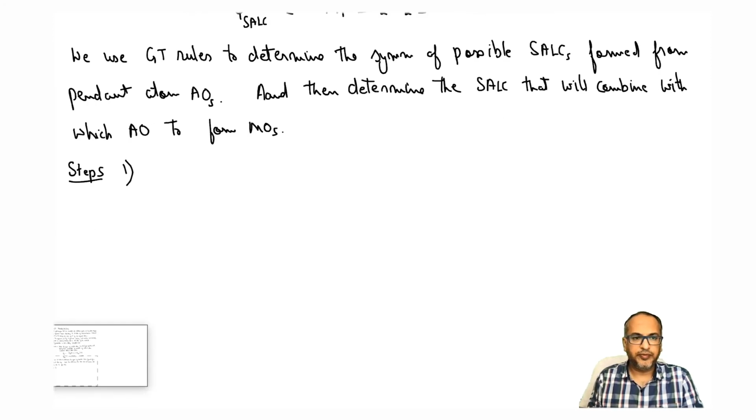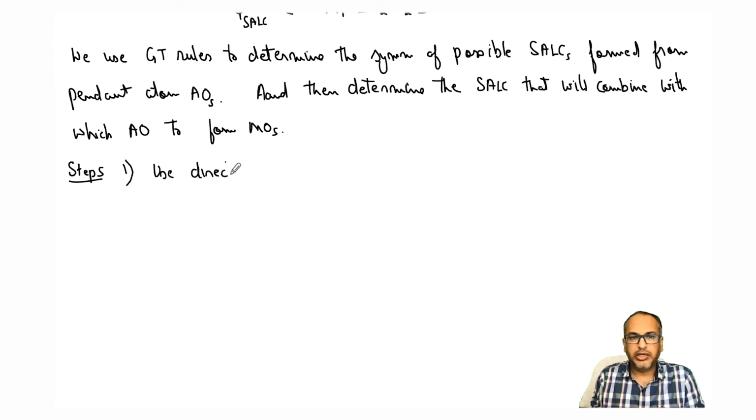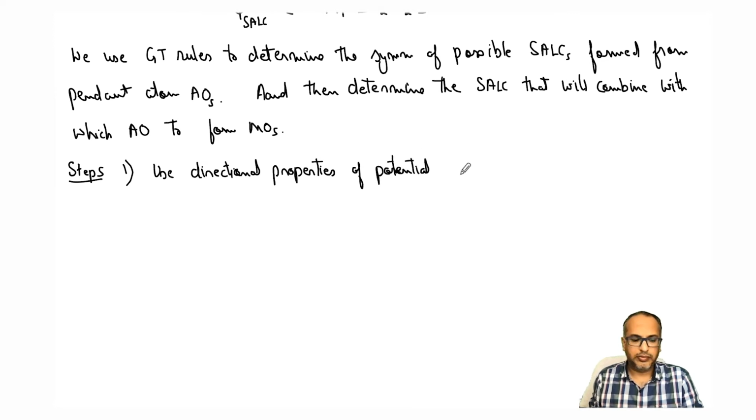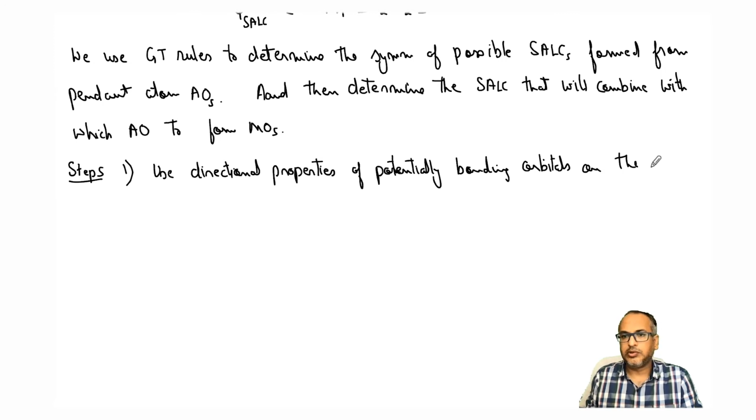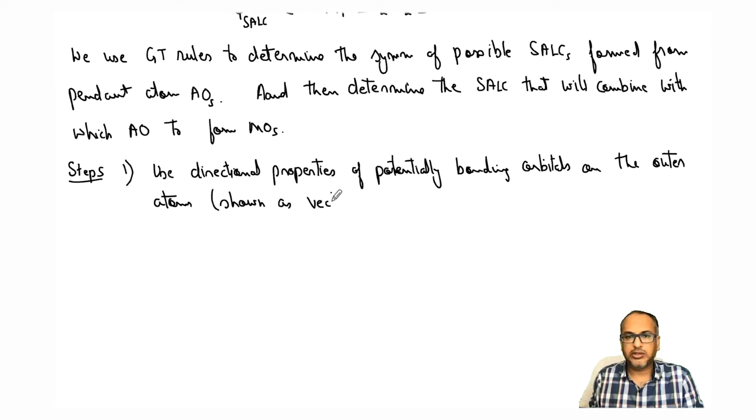Okay, so let us define the steps one by one on how to proceed with this. So let's see. First, use directional properties of potentially bonding orbitals on the outer atoms or pendant atoms. In some books you will see it written as outer atoms, in some books as pendant atoms. This will be shown as vectors.